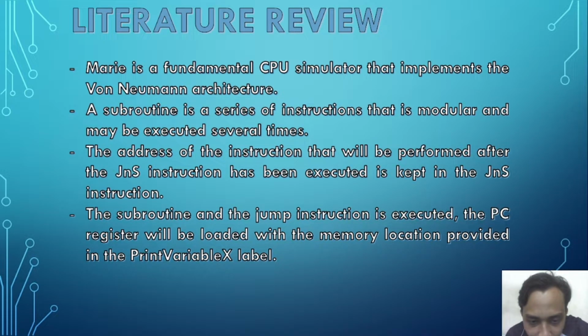The address of the instruction to be performed after the JNS instruction has been executed is kept in the JNS instruction. When the required task has been completed by the subroutine and the jump instruction is executed, the PC register will be loaded with the memory location provided in the print variable X label.